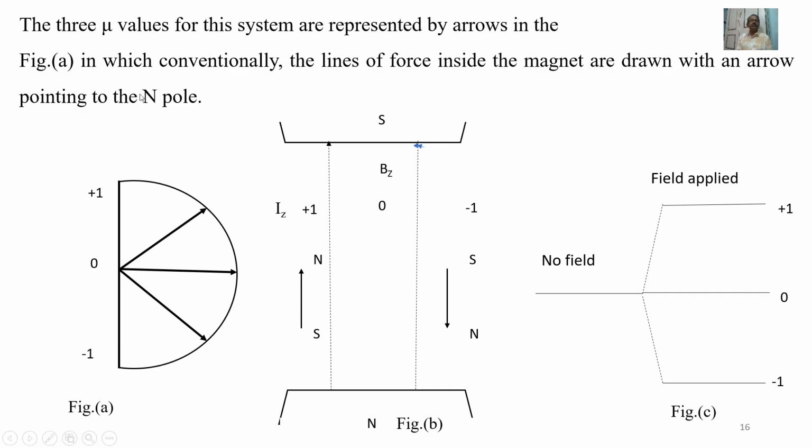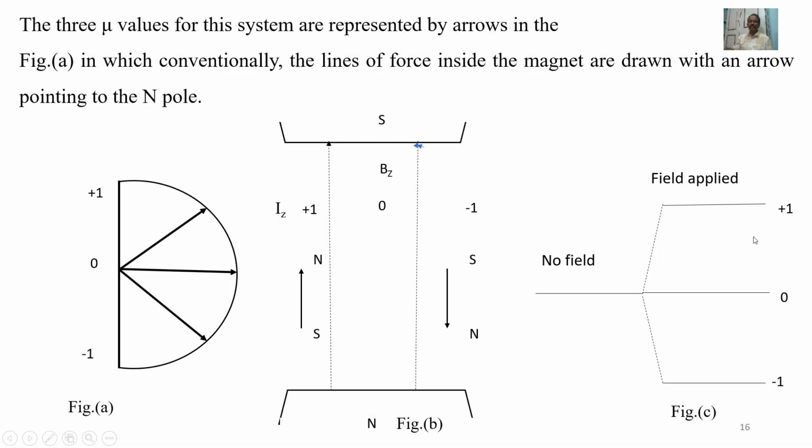So three mu values for the system are represented by the arrows in figure A, in which conventionally the lines of force inside the magnet are drawn with an arrow pointing to the north pole. So when you apply the magnetic field, this will split into +1 and -1.